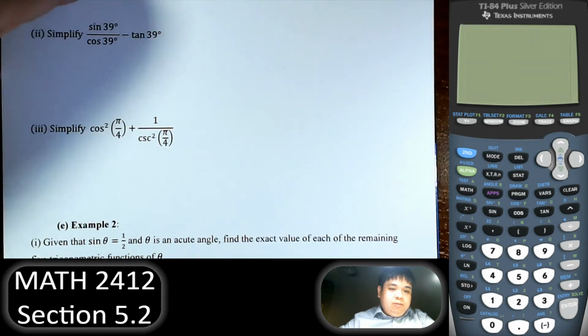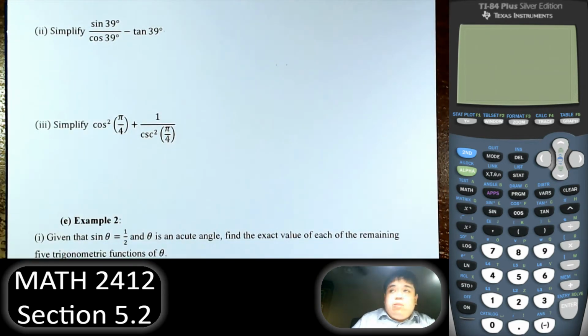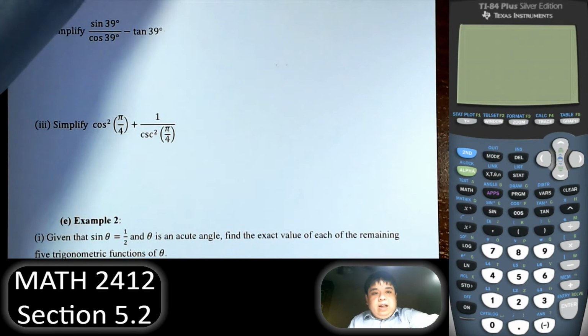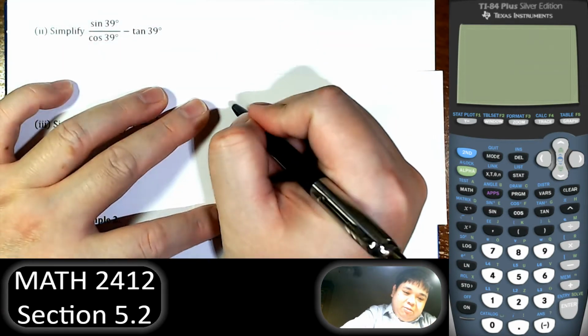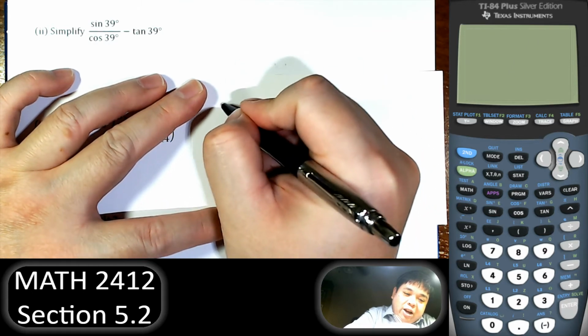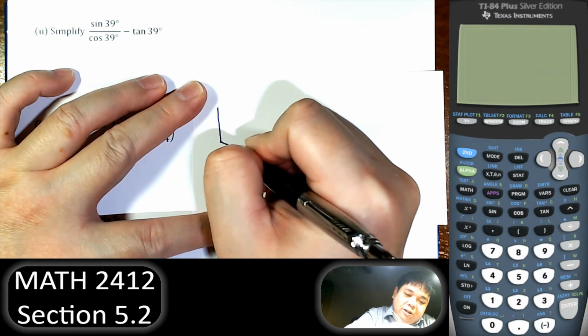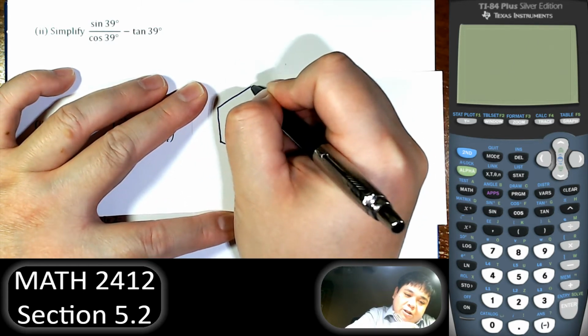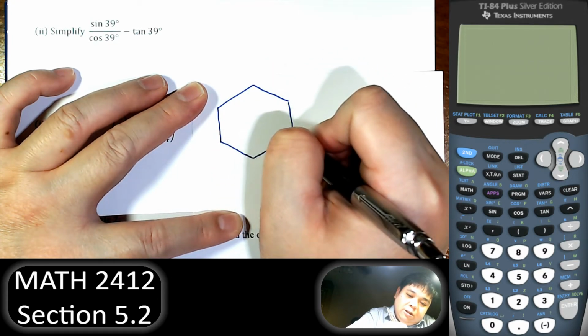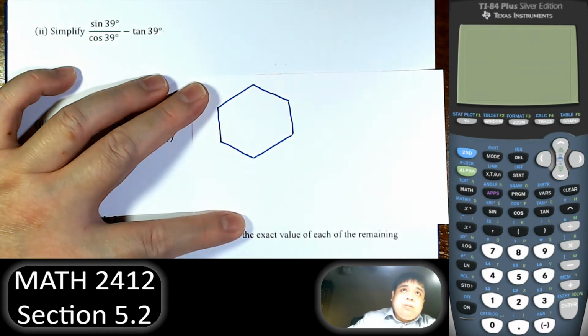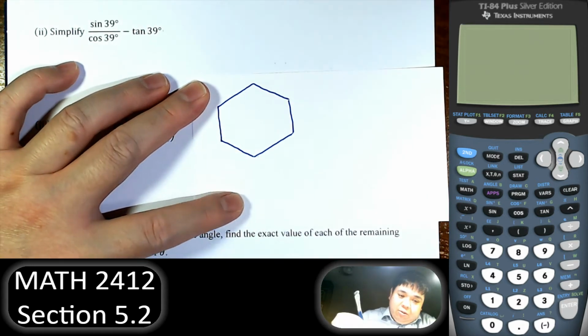Now, more examples. So I think it would be handy if we have a hexagon. So just draw a hexagon. Just draw the diagonal too.